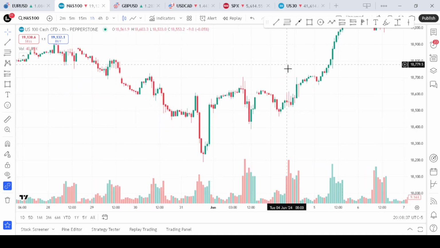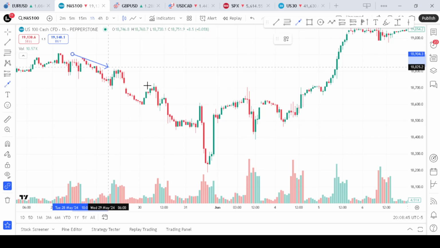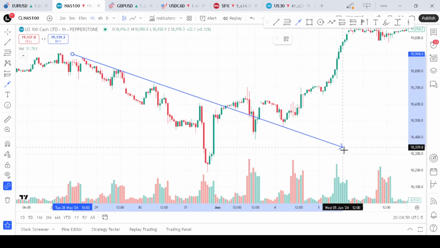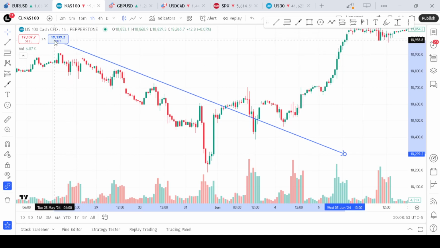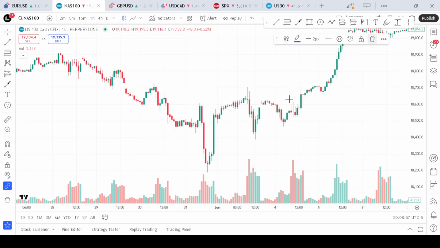First of all, I will mark out my market structure and I can see that we are in a bearish market. Price is trending to the downside.